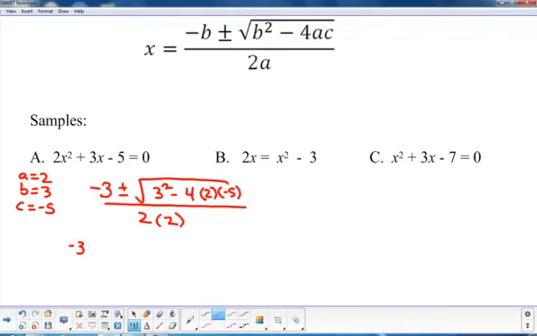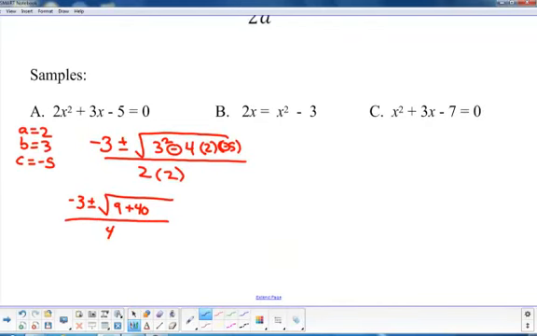So negative 3 plus or minus square root of 9 plus 5 times 2 is 10 times 4 is 40. It's plus because of the minus a negative. And then divided by 4. So we have negative 3 plus or minus the square root of 49 is 7 divided by 4.